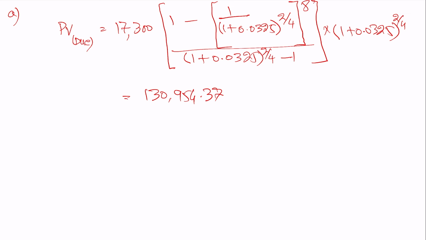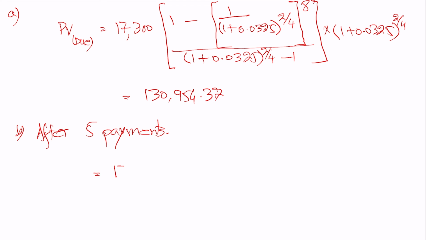Now we want to find the value after 5 payments. The only change is n, and the rest is the same.